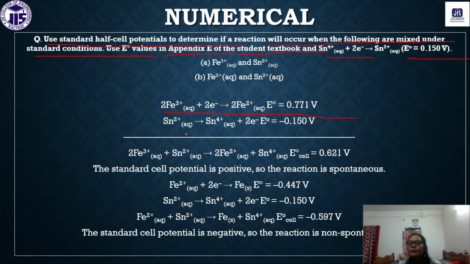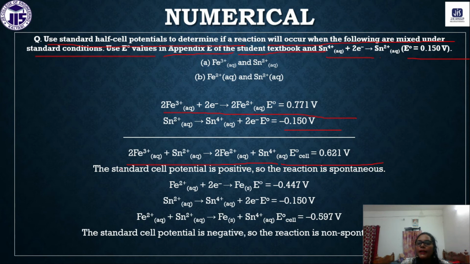We have in the medium the Sn plus 2 ion, and it will form Sn plus 4 plus 2 electrons, right? And the potential is 0.150 volt.